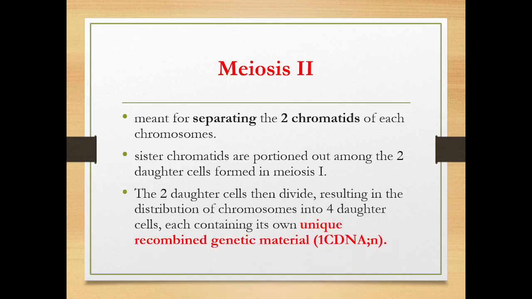This is just the same as in mitosis, which I know you had to research. The two daughter cells will result in the formation of four daughter cells, and each daughter cell has unique genetic information.